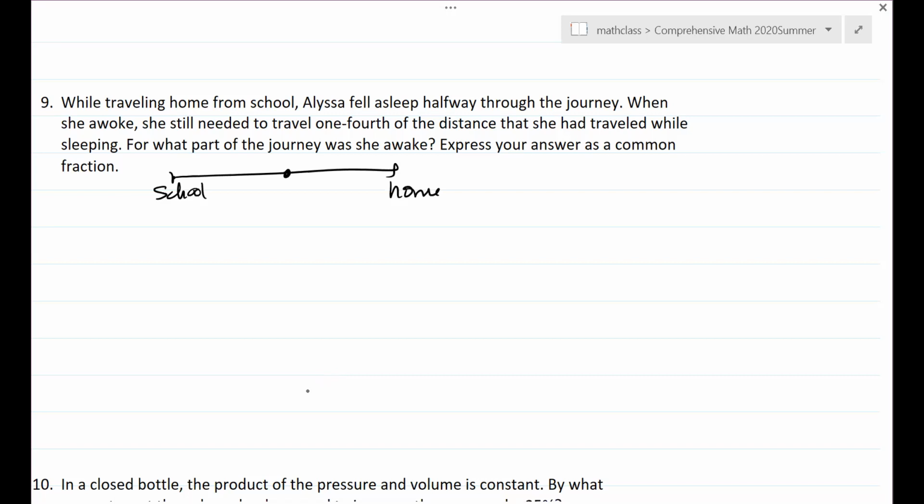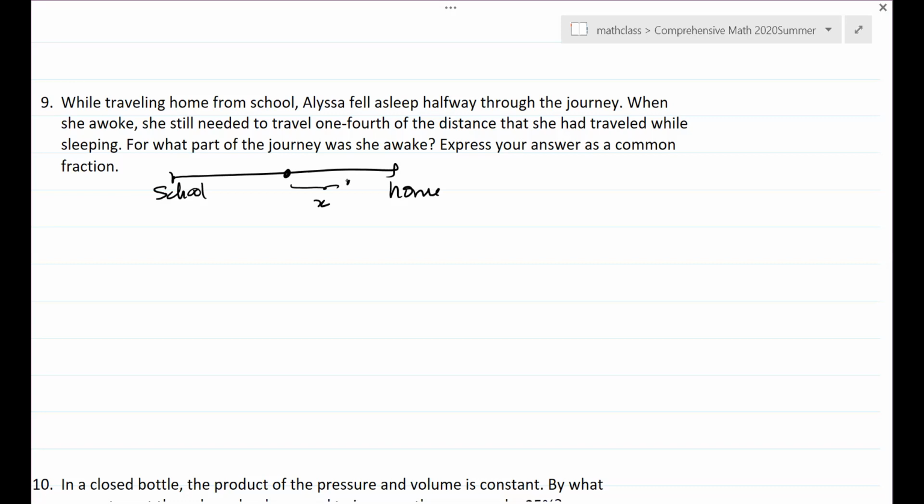All right, so let's understand this question. She was still moving, right, when she fell asleep halfway? So she's moving. We have to denote X for what part of the journey she was sleeping.